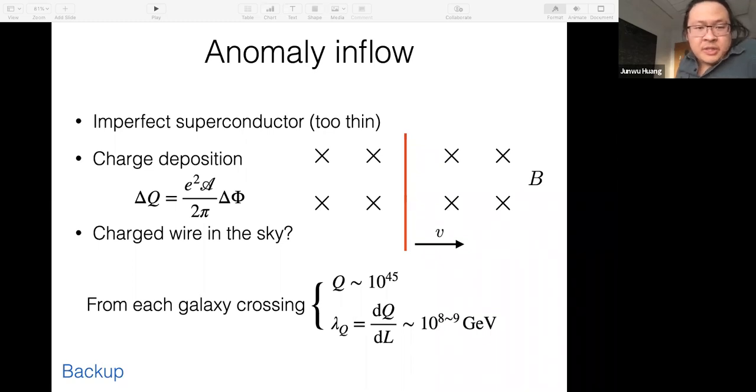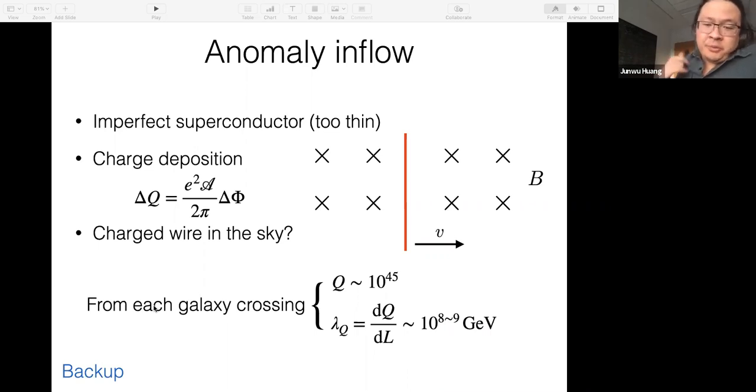So we can compute how big this charge is. For each galaxy crossing, and here I'm taking a magnetic field which is microgauss or 10 microgauss, coherent over a length scale of order kiloparsec, you will find the charge deposited on the axion string core to be of order 10 to the 45.